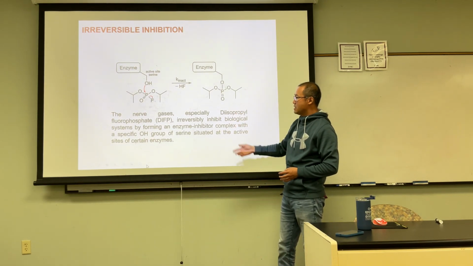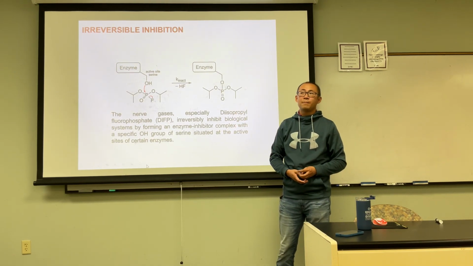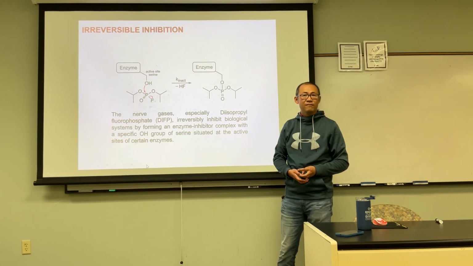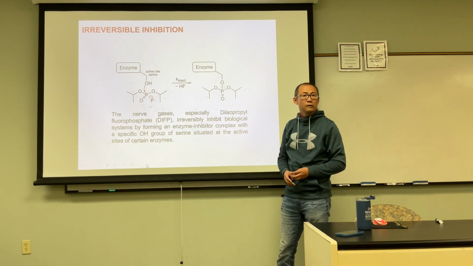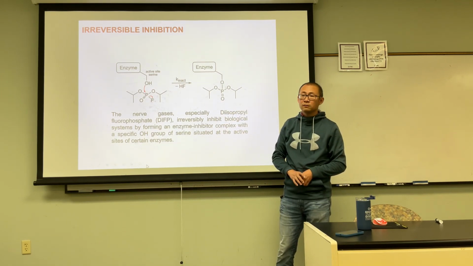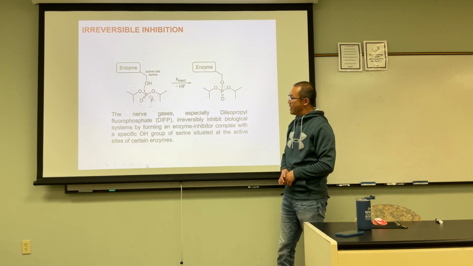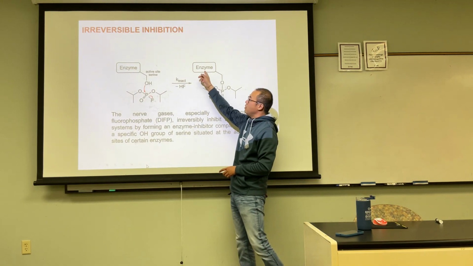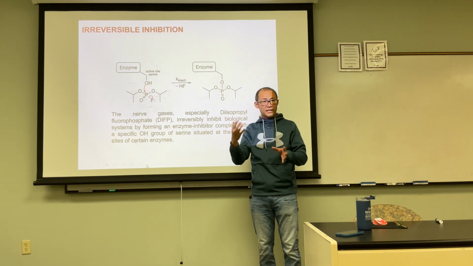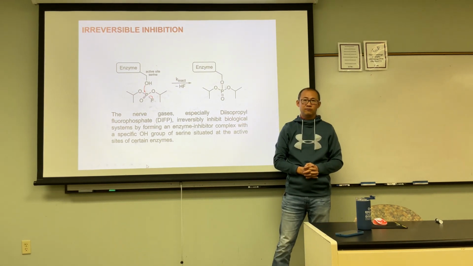Involves a nerve gas we have talked about in chapter 5 and chapter 6. Okay, the nerve gas, such as this one, is a bioweapon that can covalently bind with our enzyme, mostly acetylcholine hydrolase.